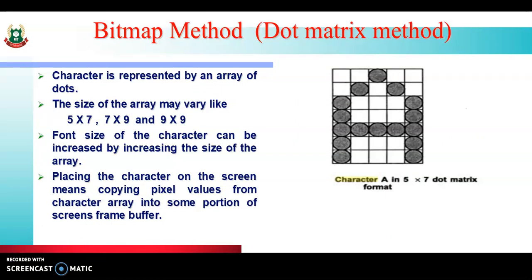Bitmap method. Bitmap method is also called dot matrix method because the character is displayed as an array of dots or array of pixels. That is why it is called bitmap method. In this, the character is represented by an array of dots or pixels.